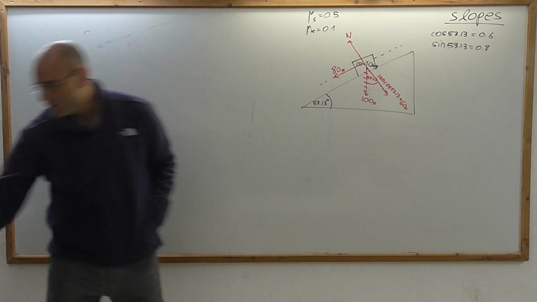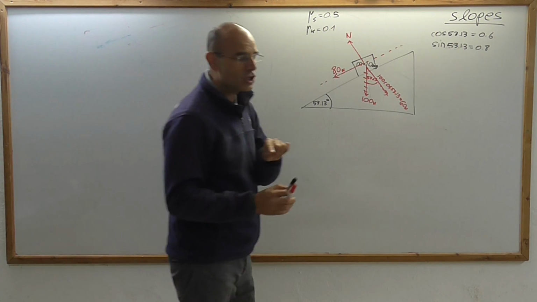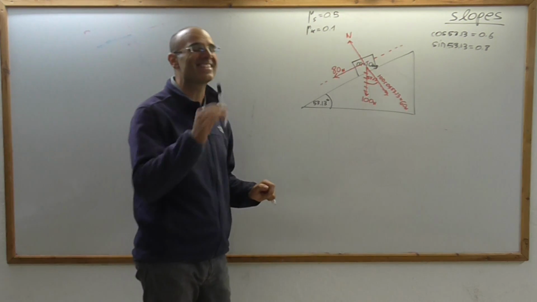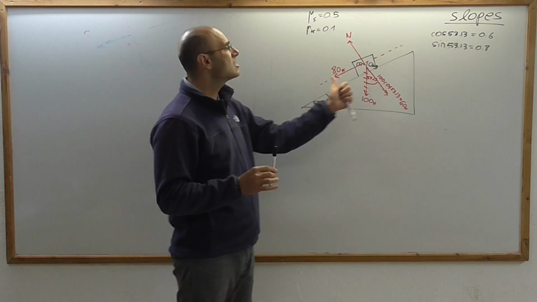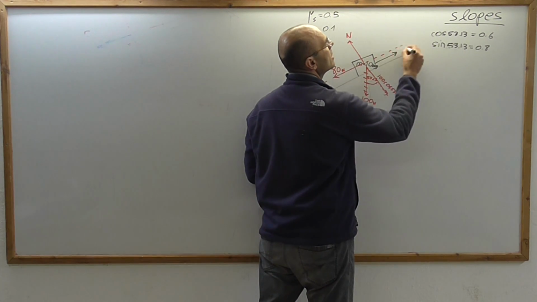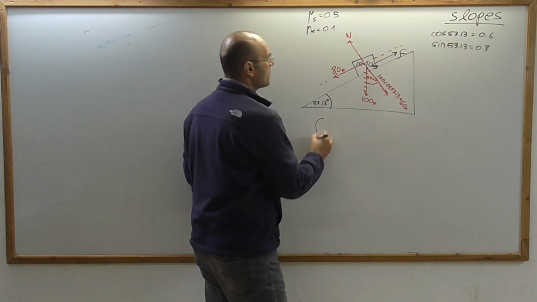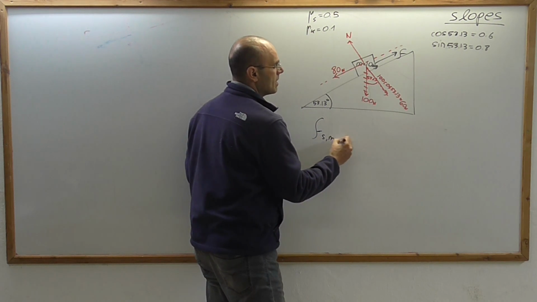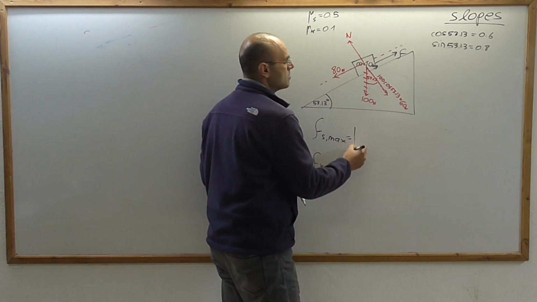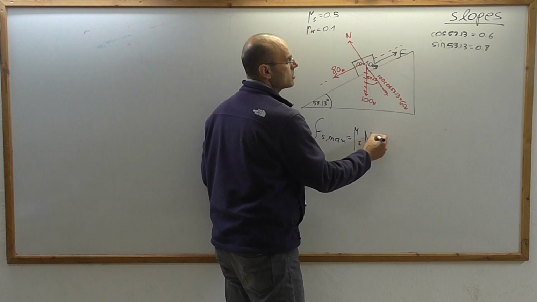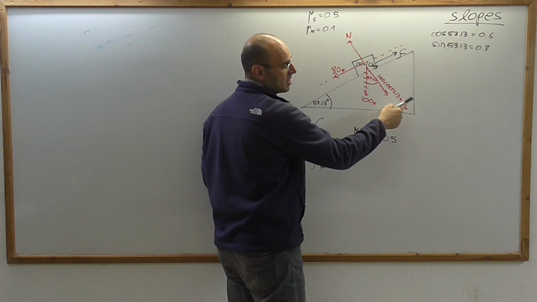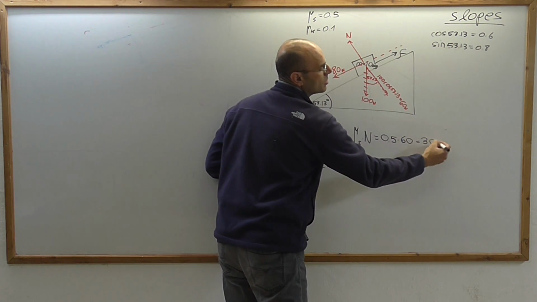Now I remind you what we do. We apply the friction force. The friction force is always against the tendency of the mass to move. This mass obviously wants to go down the slope, so the friction will be in this direction. Let's find F static max and F kinetic. F static max is mu static multiplied by the normal force, which is 0.5 multiplied by 60, so it's 30 newtons.